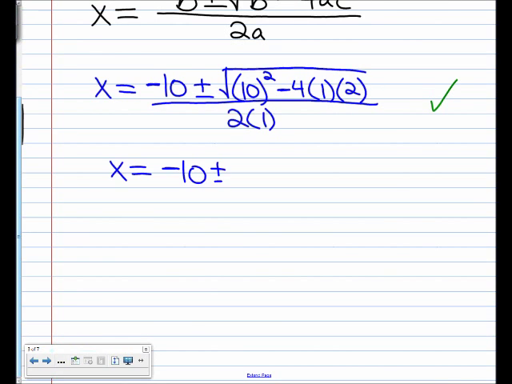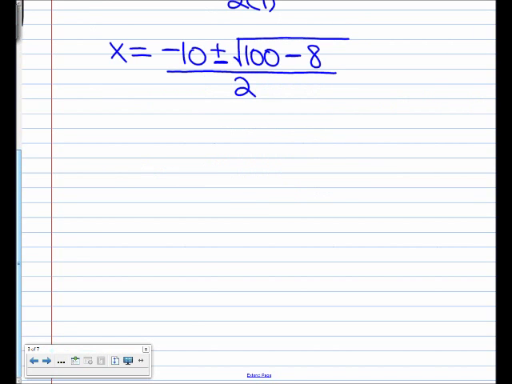So negative 10 plus or minus the square root of 10 squared, which is 100, minus 4 times 1 times 2, which is 8, all divided by 2 times 1, which is just 2. The last part to get the actual answer is to subtract 100 minus 8. So I have negative 10 plus or minus the square root of 92 divided by 2.